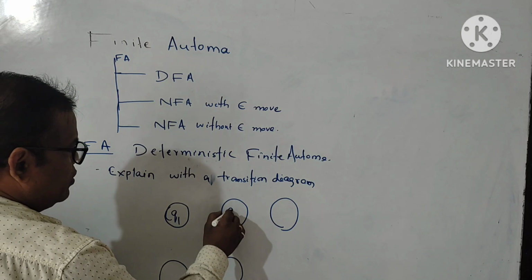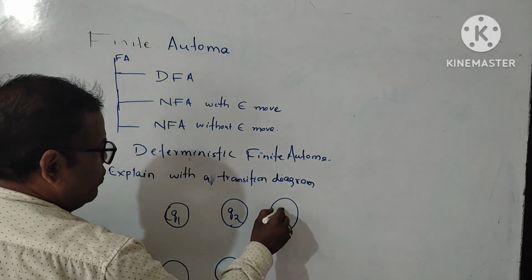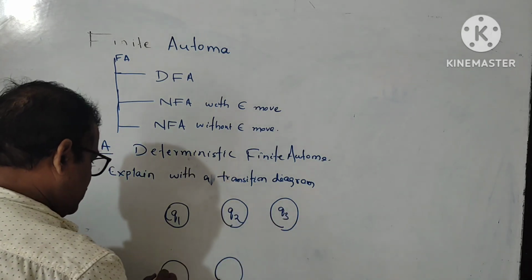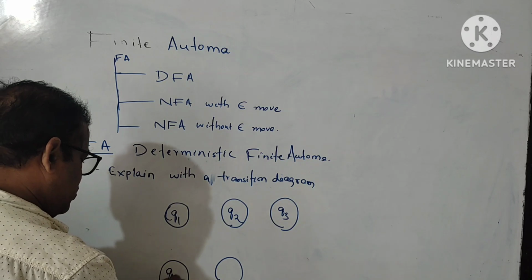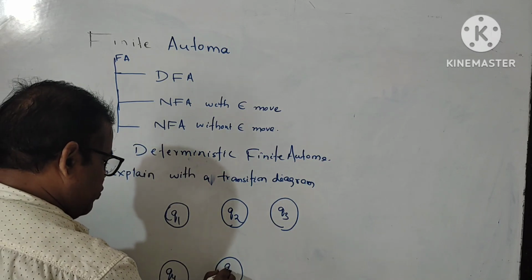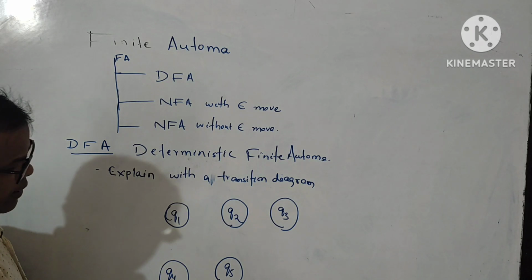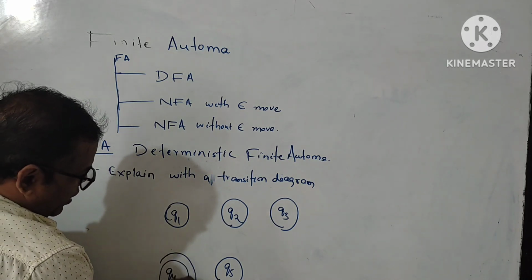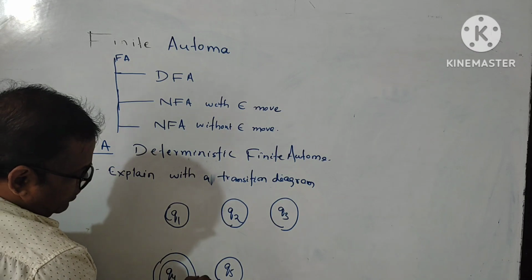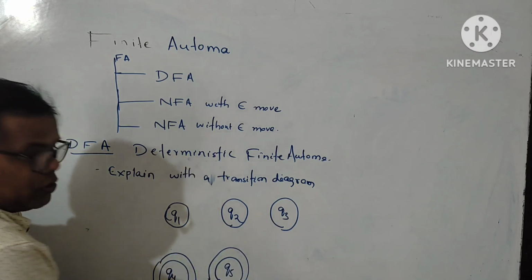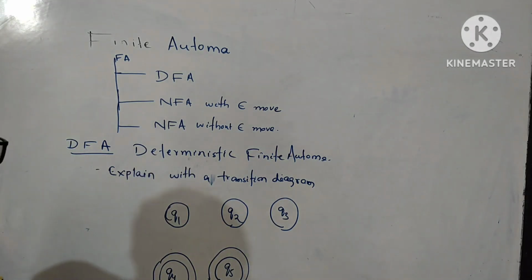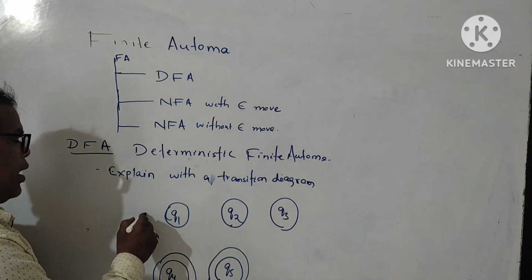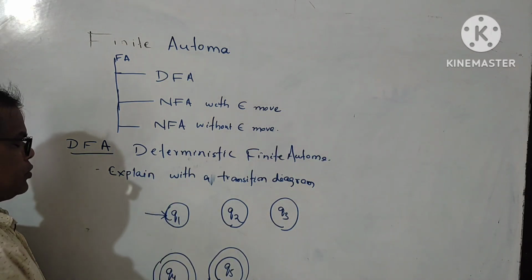Q1, Q2, Q3, Q4 and Q5. These are the two final states of the machine, and this is the start state of this machine.